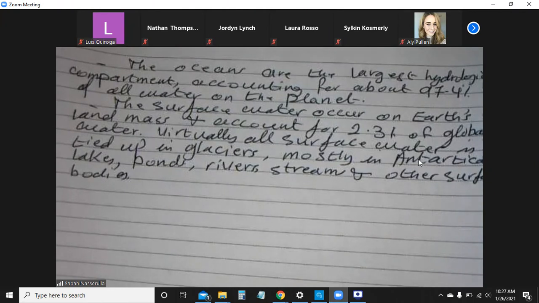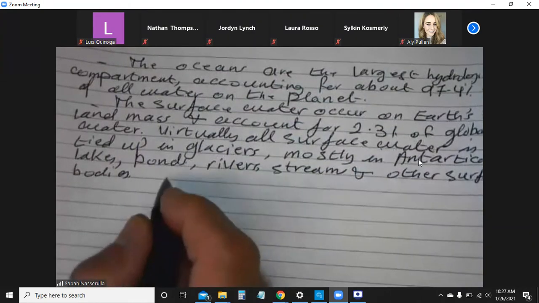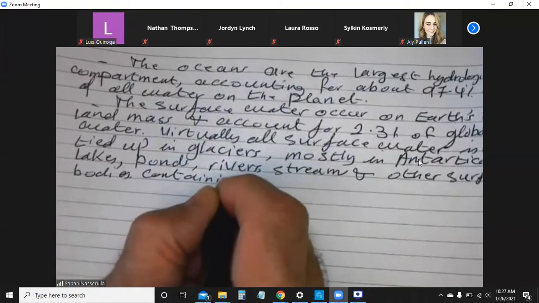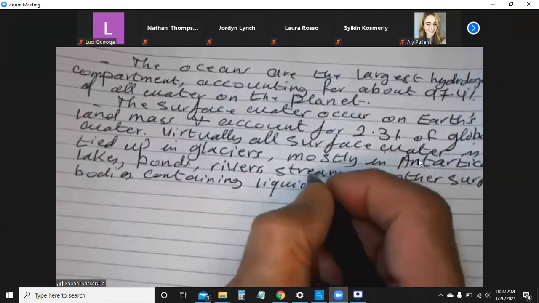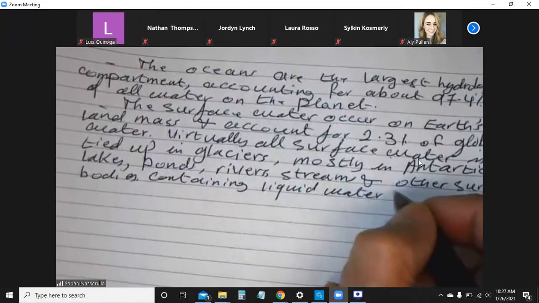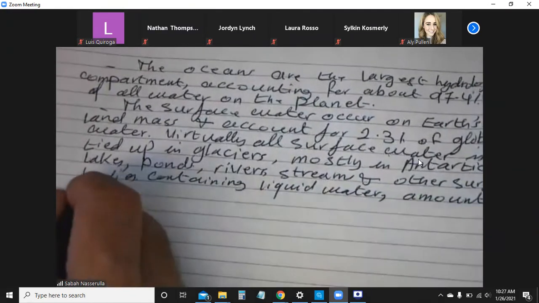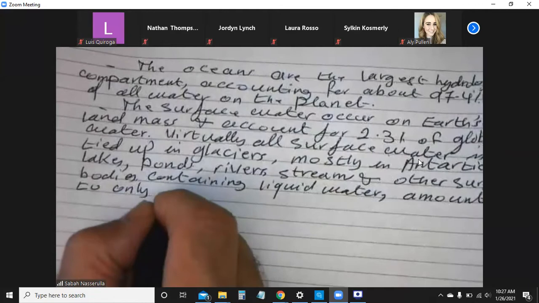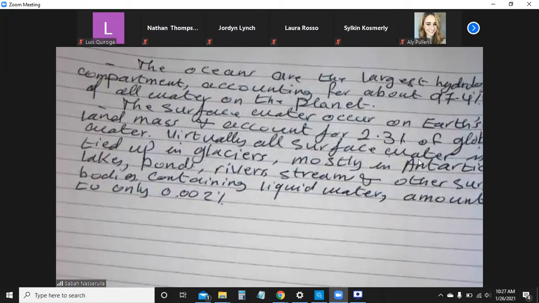To mention to you that rivers, streams, and other surface bodies containing liquid water amount to only 0.002% of the global water.